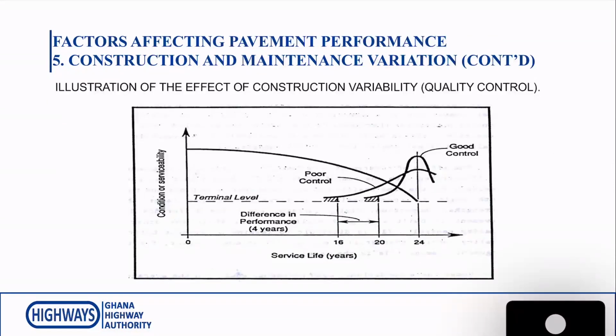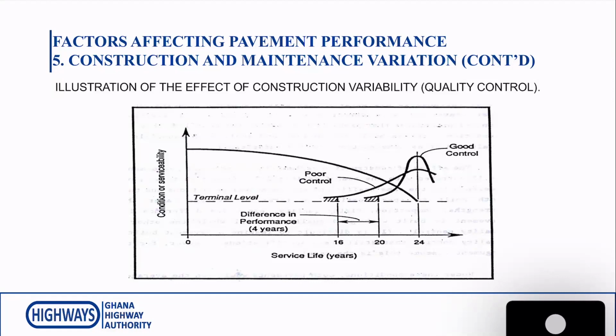So on this slide, you can see we have, for example, two roads, one with poor control and the other with good control. Obviously, it is very difficult to have a road constructed with poor control which would have met specifications.